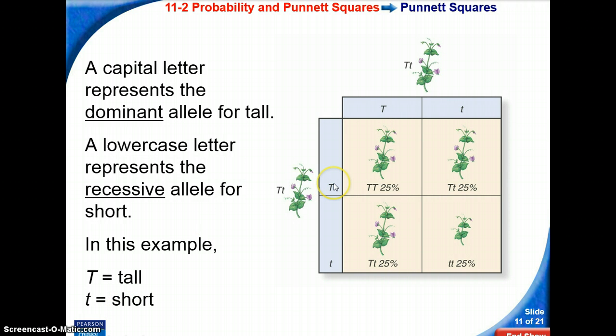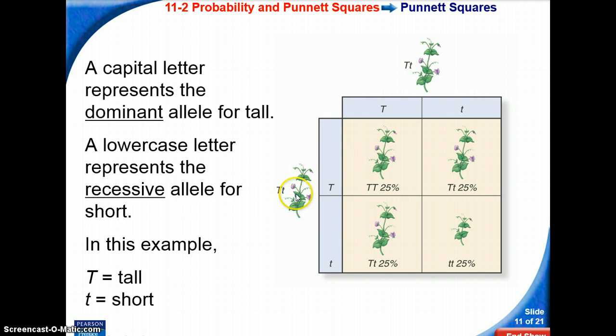And we start to cross these together. It's kind of like multiplication, where we take this T, we separate that in our gamete formation, and we take one, and this goes in both of these squares down here, so the tall T is in each one. We take the smaller t, and we do the same thing. It goes into each of these squares.